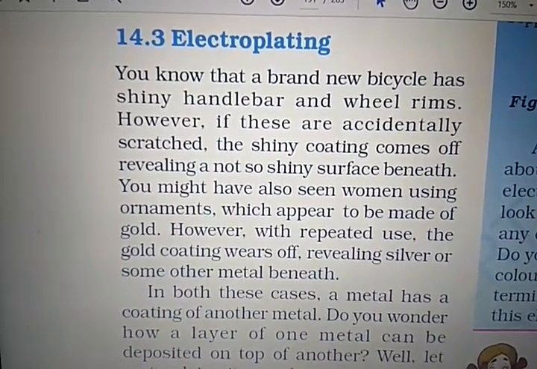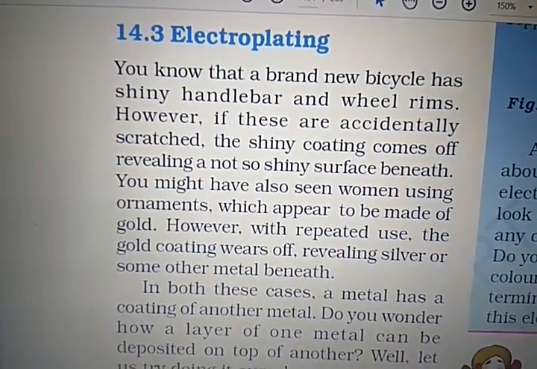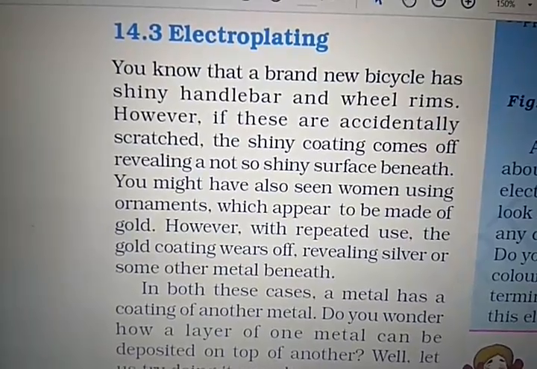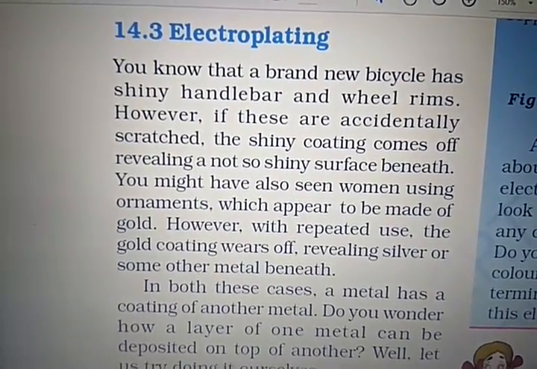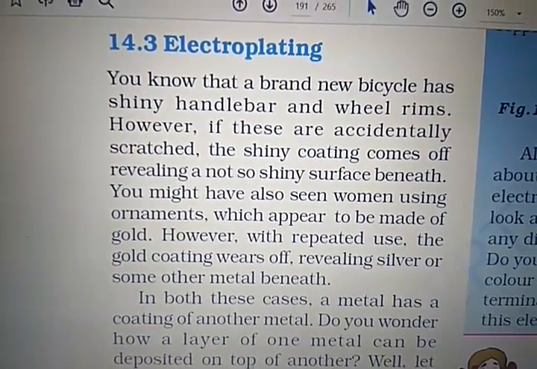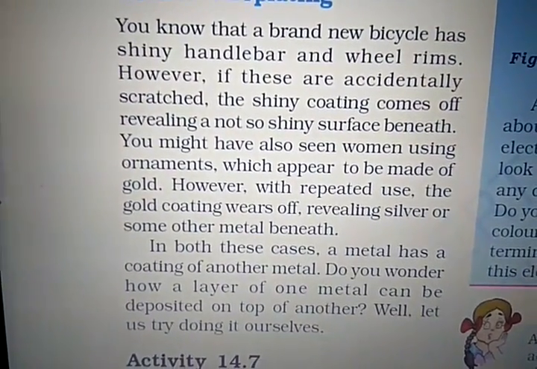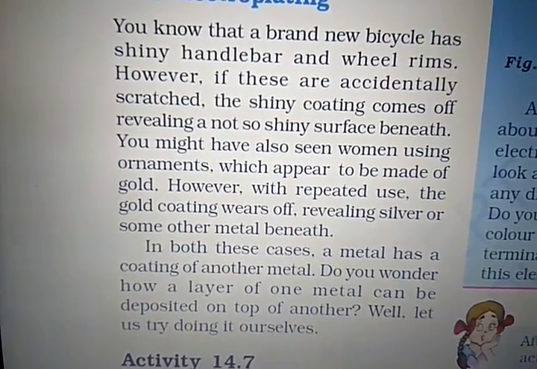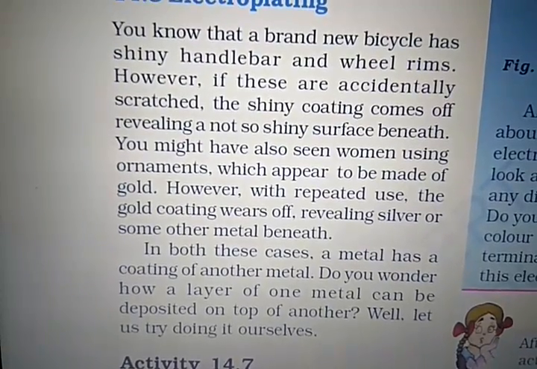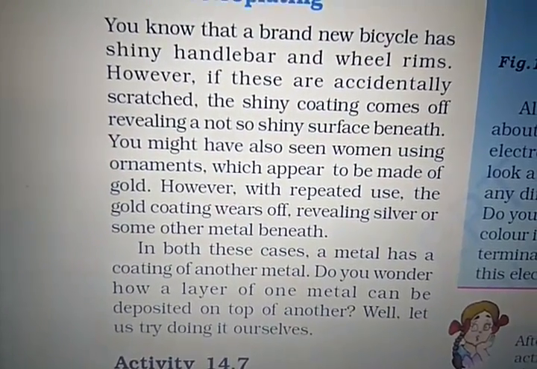However, with repeated use, the gold coating wears off, right? Revealing silver or some other metal beneath, right? In both these cases, a metal has a coating of another metal. So do you wonder how a layer of one metal can be deposited on top of another?